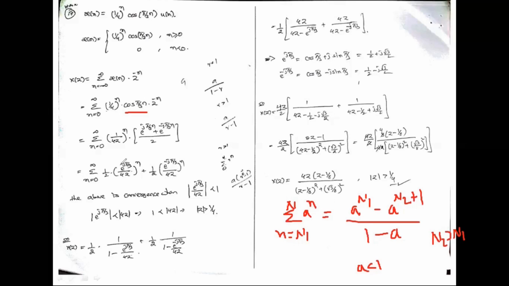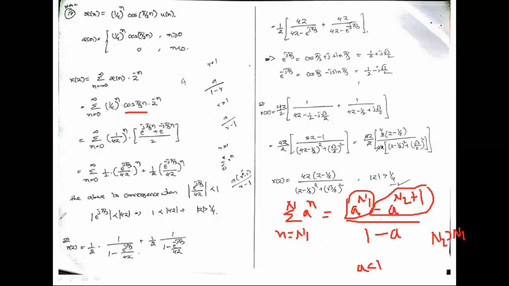One is a plus and another one is a minus, so you can take the magnitude. The total magnitude of e power j pi by 3 by 4z is less than 1. Got it, my students? So now using this function, n1 is 0, n2 is infinity, the second term becomes 0 and the first term becomes 1, because a power 0 is 1.